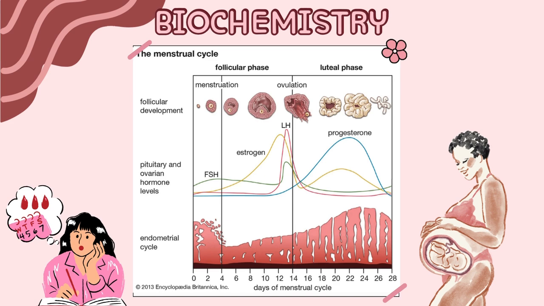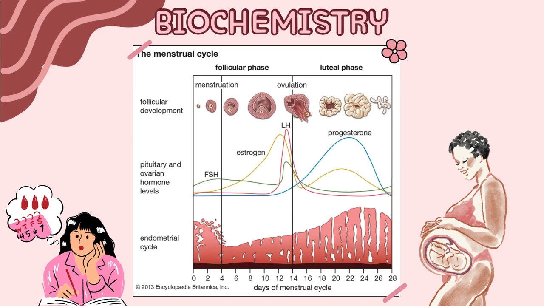Next, the ovulation phase occurs around day 14. A surge in luteinizing hormone, LH, causes the release of a mature egg from the ovary. The egg will travel into the fallopian tube and can survive for 12 up to 24 hours. This will be the most fertile phase of the cycle, as the egg can be fertilized by sperm. And lastly, the luteal phase, which lasts from day 15 until day 28.